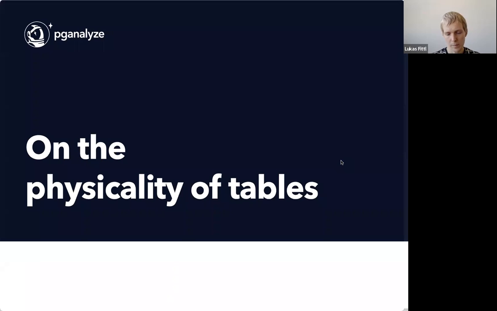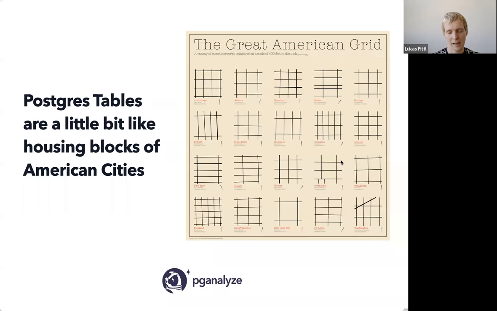Now, I want to start with pondering a little bit how tables are structured and just sharing with you my understanding of why this whole bloat situation is a problem. Now, I like to think of Postgres tables as many things because they're complicated, but most recently I thought of it a little bit like a housing block of an American city, right? So they're laid out in the grid and they're there, right?